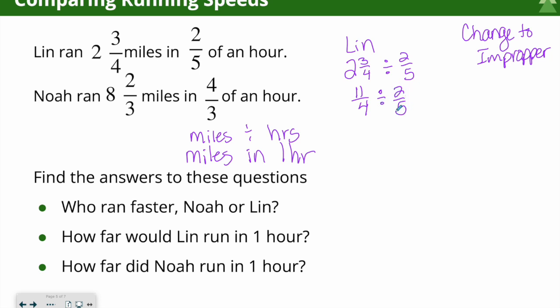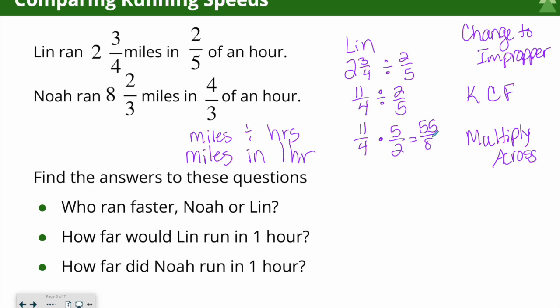And then we learned keep, change, flip. Keep the first number, change the division to multiplication, flip to the reciprocal, and then we multiply across. And we end up with 55/8. So 55/8 is the same as 6 7/8 miles per hour.